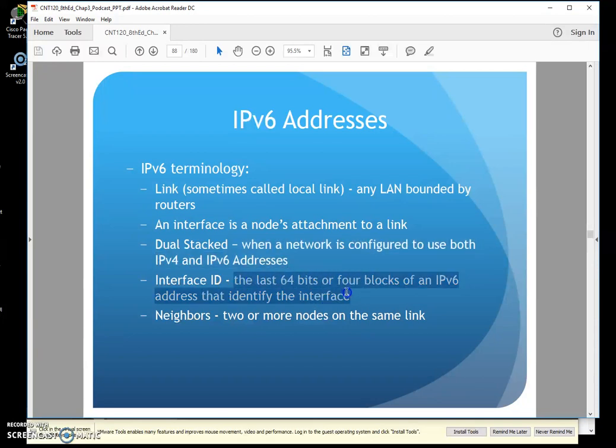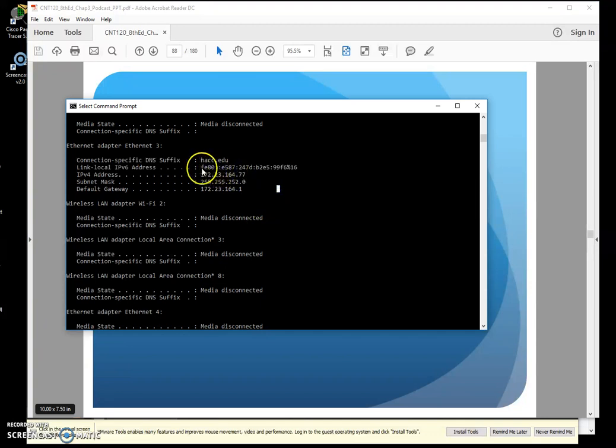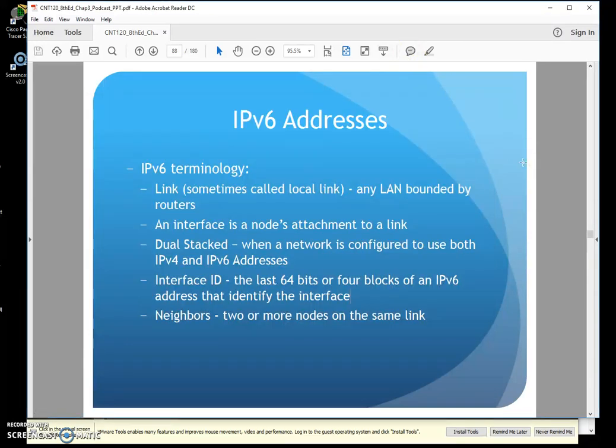Interface ID: the last 64 bits, or 4 blocks, of an IP version 6 address identifies the interface, the actual node, if you will. So if I look at my IPv6 address, the beginning part is typically my network portion, for lack of a better term, and the last part is kind of my node portion. So an IP version 6 address actually has some structure to it.